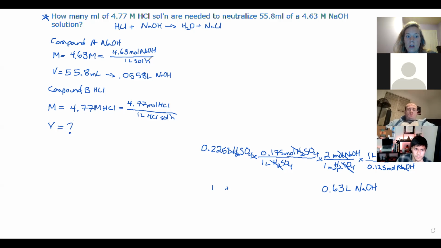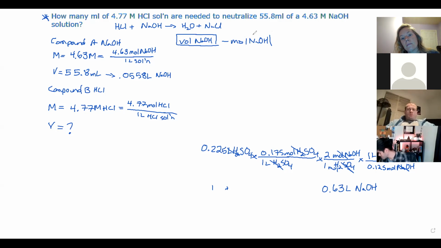Okay, so the customized flow chart for this problem is to go from volume of A, which is NaOH, into moles of A, which is moles of NaOH, into moles of B, which is moles of HCl, into volume of HCl.